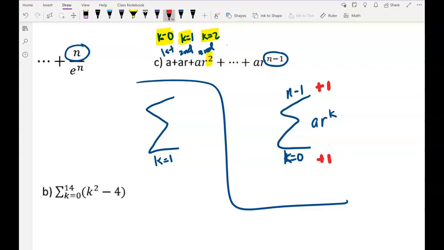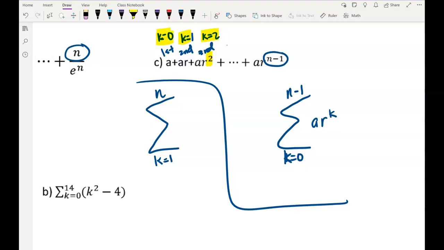If I add 1 to the starting position, which is on the bottom of the summation notation, and add 1 to the top, which is the n number of your summation, I would now have an n. But that doesn't mean you can just go in and add 1 to this formula. That's not going to work. So make sure we look at each number carefully.